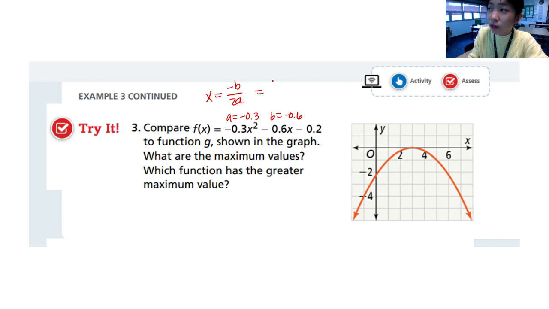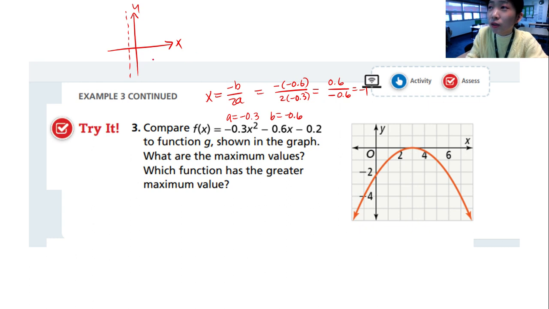So your value of x is negative 0.6 over 2 times negative 0.3. That's equal to 0.6 over negative 0.6, which is negative 1. So x equals negative 1. So if you have the y-intercept here, x-intercept here, your axis of symmetry is at negative 1.